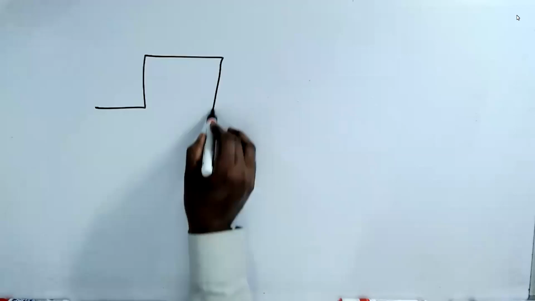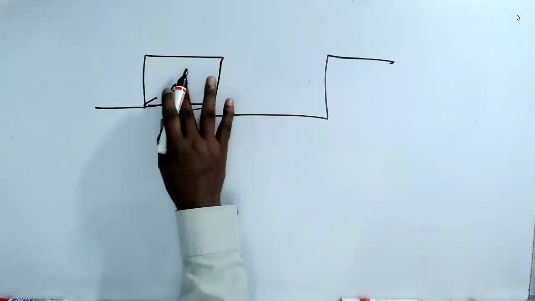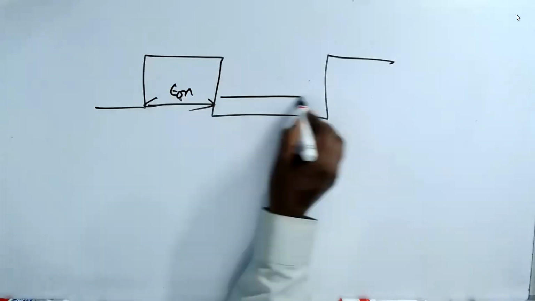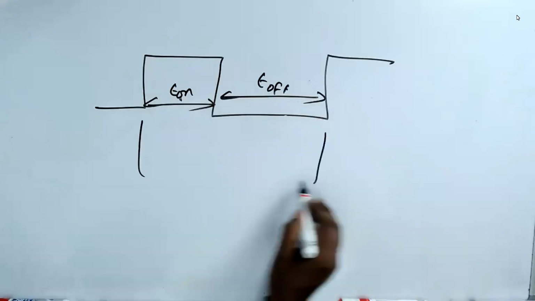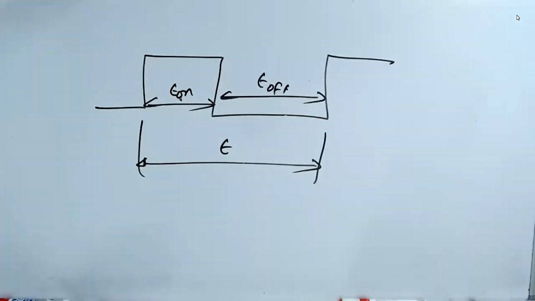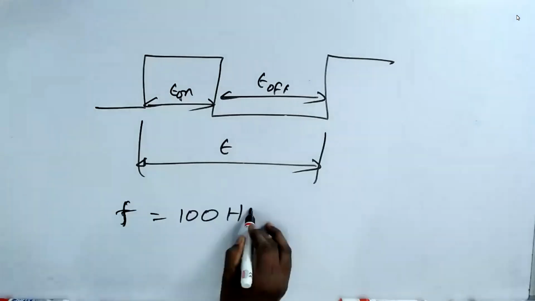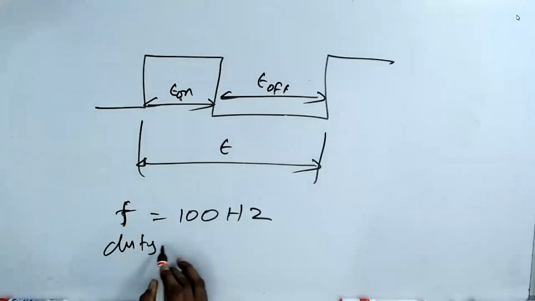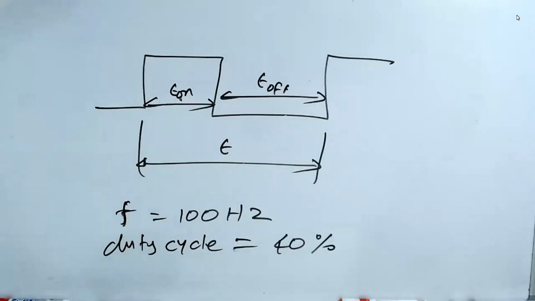Now we know that there is a waveform. This is T on, sorry. This is T off. Now this time is T. Now I say that this frequency is 100 hertz and duty cycle is equal to 40%. Then what is T on equal to how much?